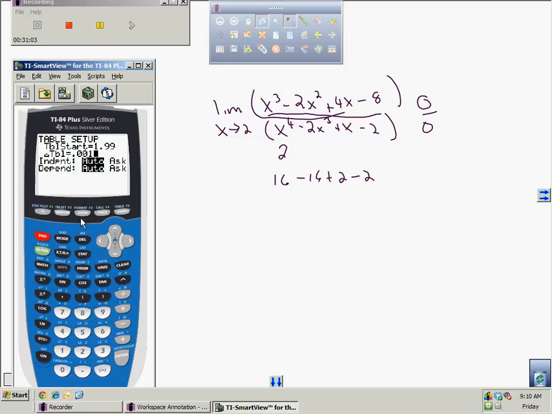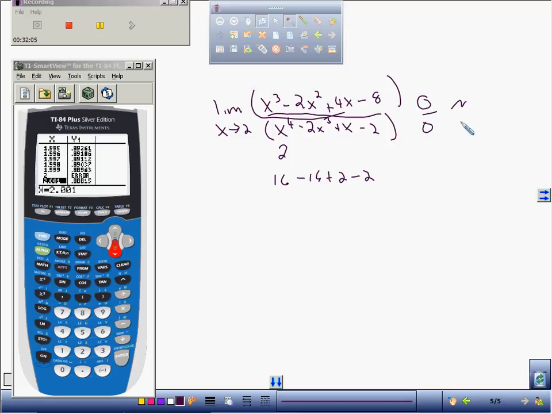So now if I go second table, I can see that as I get very, very close to 2 from either side, I am getting very close to 0.88, 0.889 or somewhere around there. You see that? So about 0.89. So the limit, even though you get 0 over 0, is about 0.89, something like that, or 0.88. Okay? So that's the way you do it.